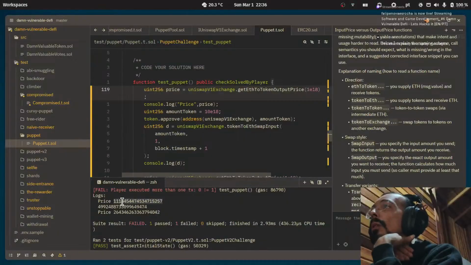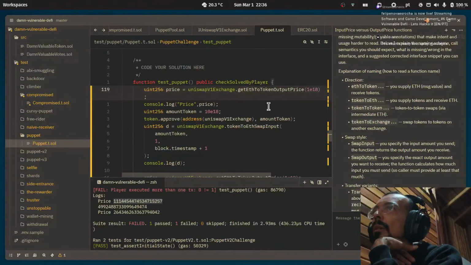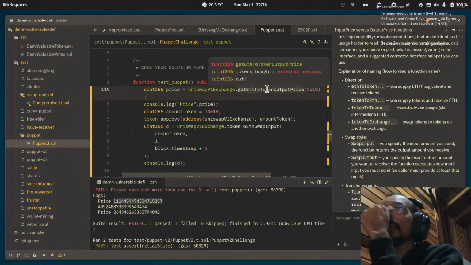Yeah, so here the price is get Ethereum, but it's output. So how many tokens? Man, that's so confusing. Get Ethereum to token output price.